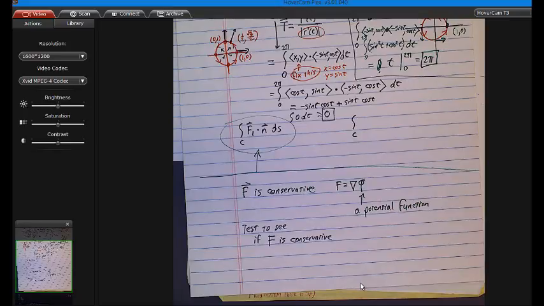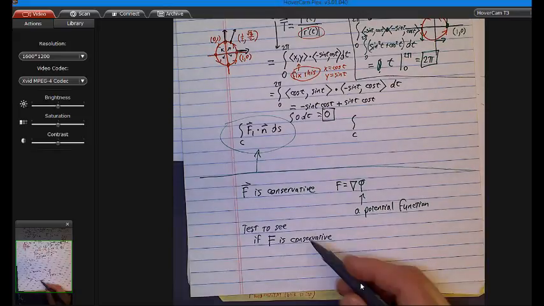There were partial derivatives involved. You guys remember that? All right. We didn't show why it works. We just mentioned that it works. And we couldn't really say why. By the end of today's class, I should be able to show you why the test for being conservative works.